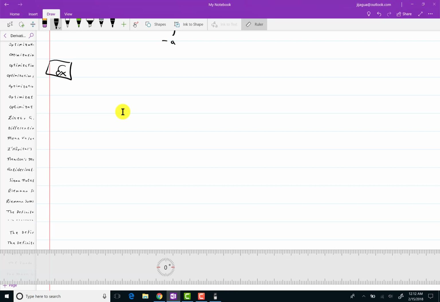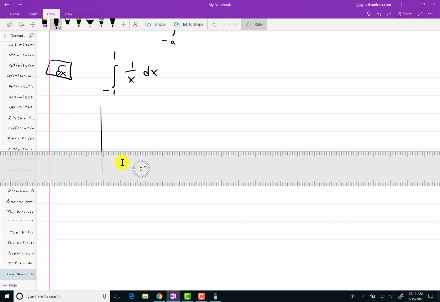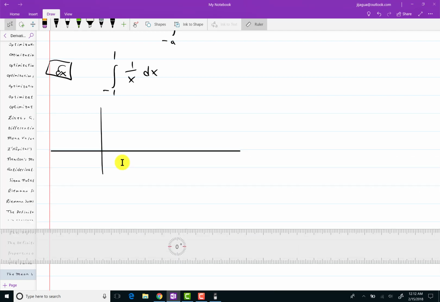Let's take a look at the integral from negative 1 to 1 of 1 over x dx. Now, this is an odd function. If you look at the graph of the thing, it goes like this. How would you call it?